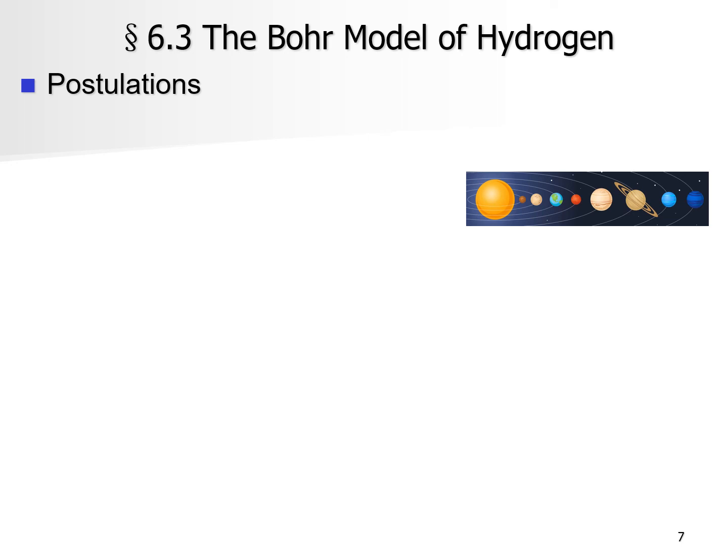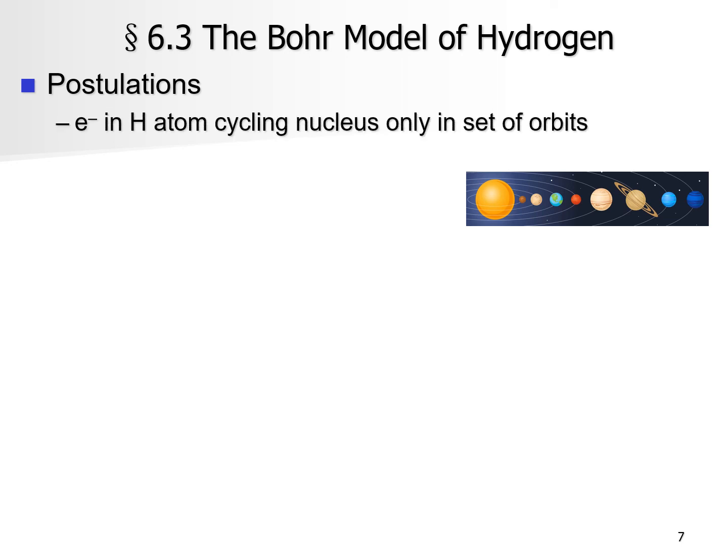Or is there a set of orbits, like the orbits those planets have in the solar system? So with that kind of a thought, he proposed his model of hydrogen. He said, electron in hydrogen circles the nucleus only in a specific set of orbits.